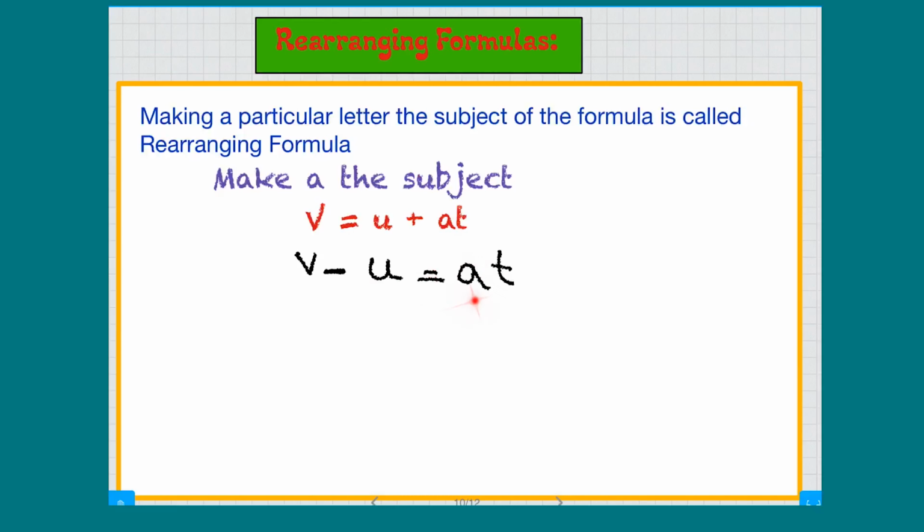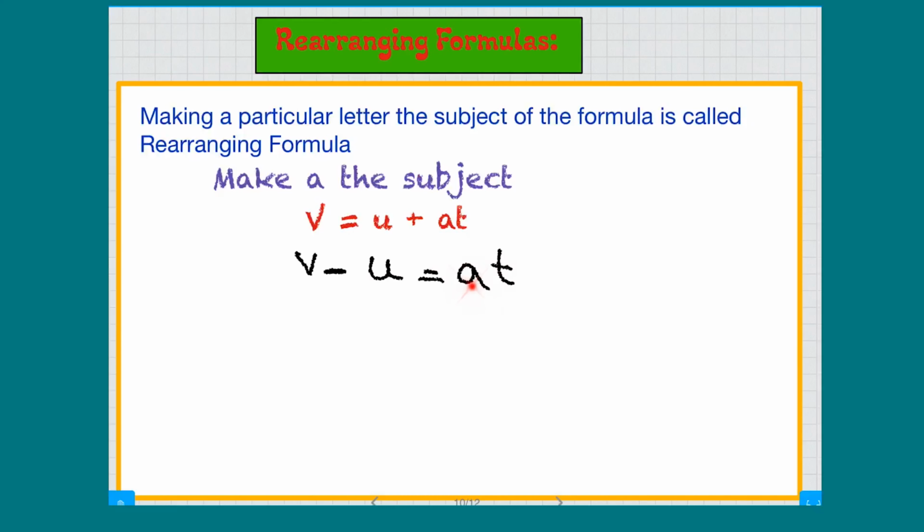Now I need to have just A as the subject on one side of the equation. It can be on the left or on the right side. I need to get rid of this T. This T is multiplying with A. So whenever anything is multiplying with any other terms, you divide it on the other side.